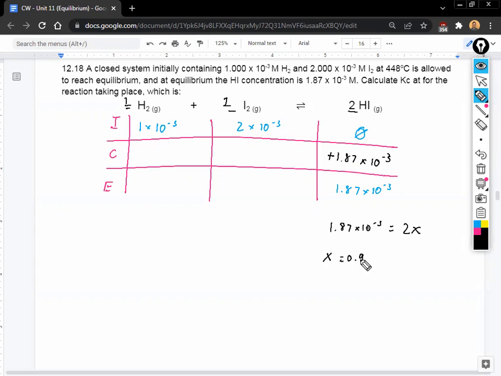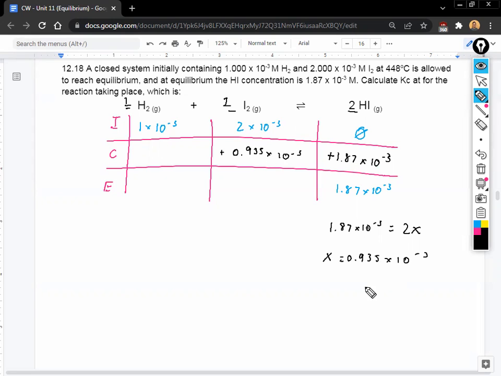0.935 times 10 to the negative 3, or if you wanted to go scientific notation, 9.35 times 10 to the negative 2. So that means we're going to increase by a factor of 0.935 times 10 to the negative 3.